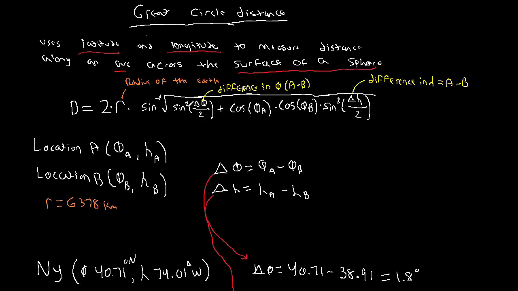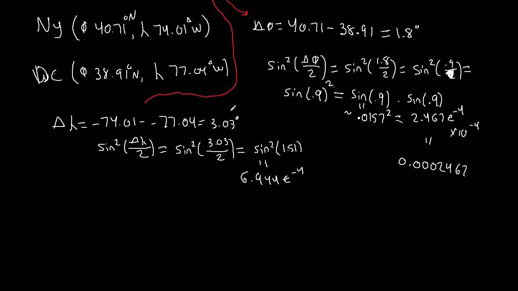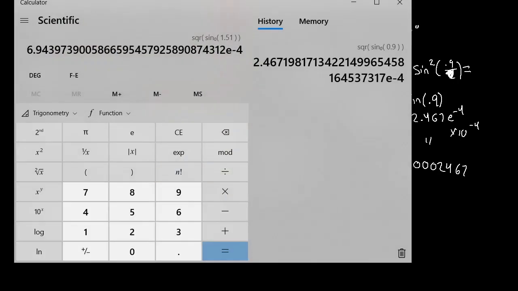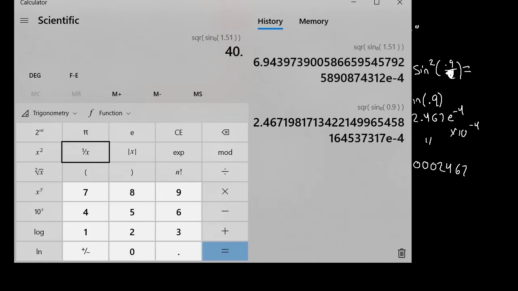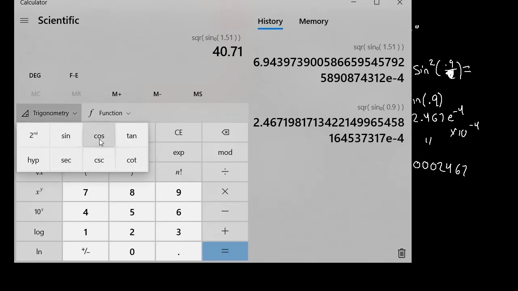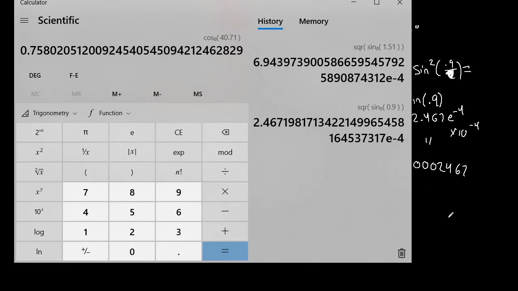Now, those are the hard parts. We've taken care of the sine squared, and this sine squared. Now we just have the cosine of A and the cosine of B. So the cosine of phi A is going to be the cosine of 40.71. Going into the calculator, trigonometry, cosine, is 0.758.